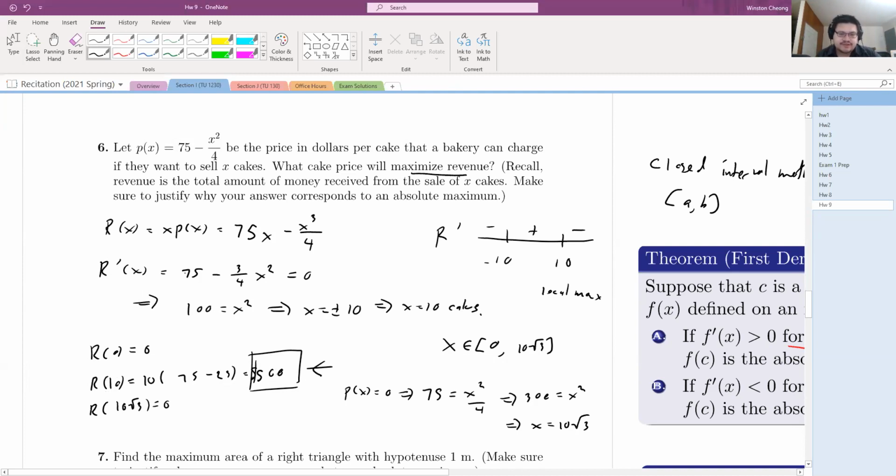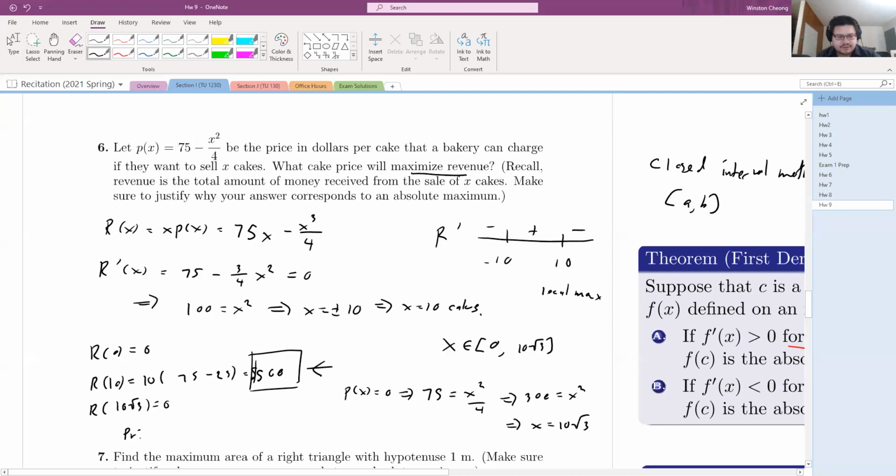So what is this problem actually asking us for? It's asking us for the cake price. So we probably phrase this as: what cake price will maximize revenue? P is the price in dollars per cake that a vendor can charge. They want to sell x many cakes.